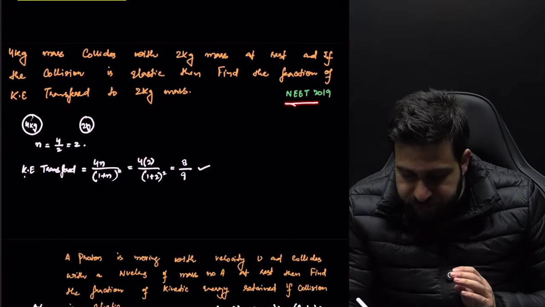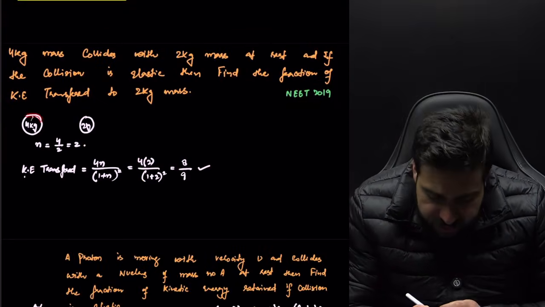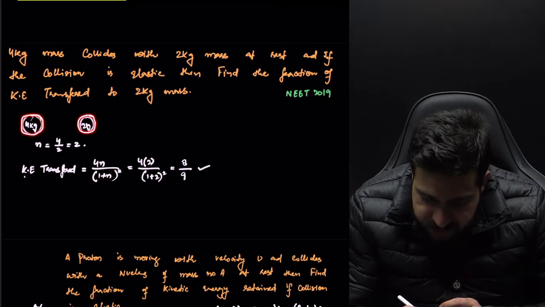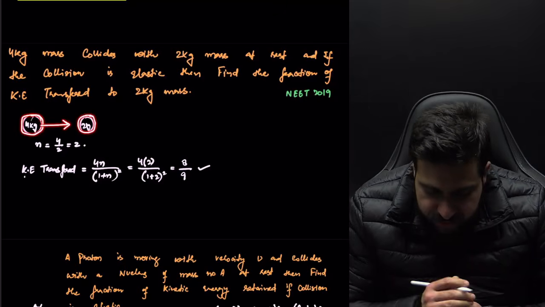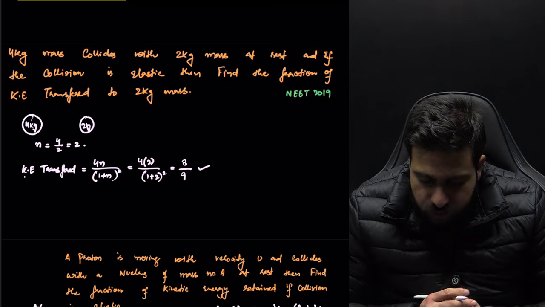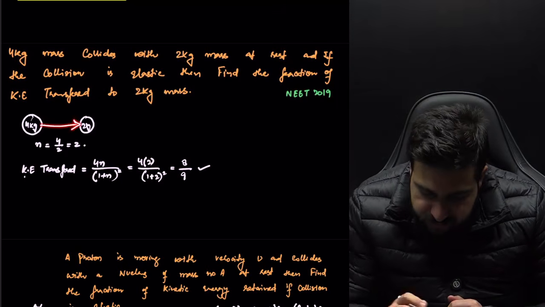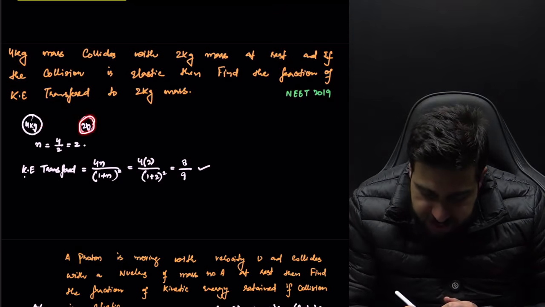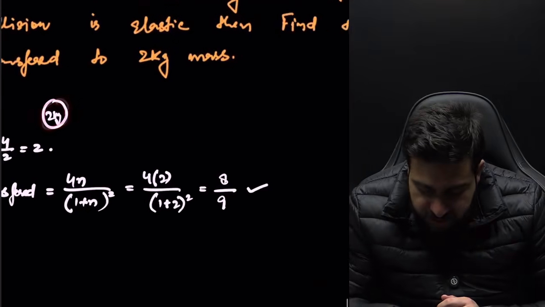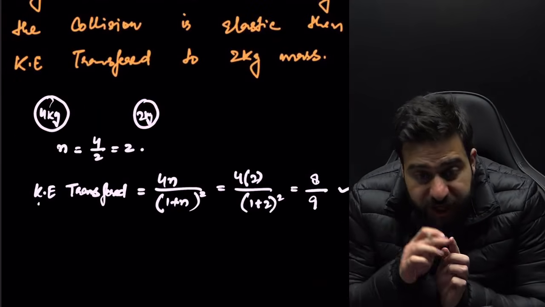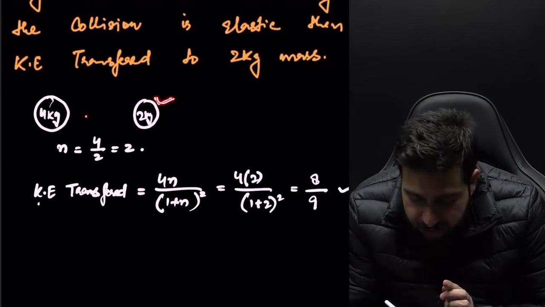Similar question is NEET 2019. There is a 4 kg mass and there is 2 kg mass. It is basically colliding with this 2 kg mass, which was at rest. In this particular case, how much is the energy transferred to the 2 kg mass?